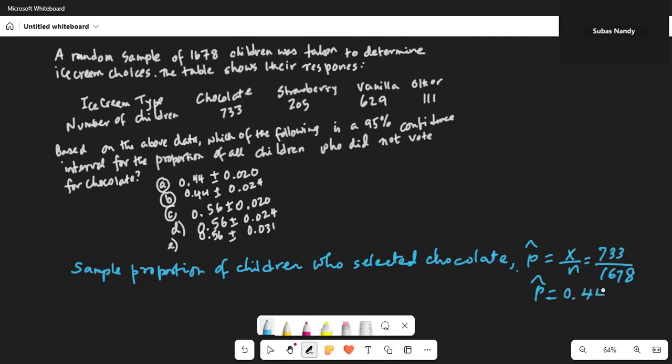But we are not interested in the sample proportion of children who selected chocolate.